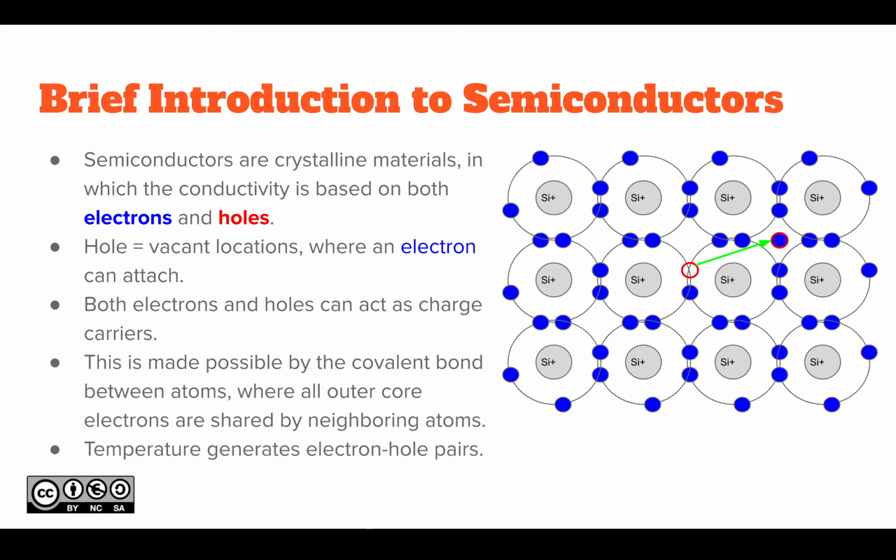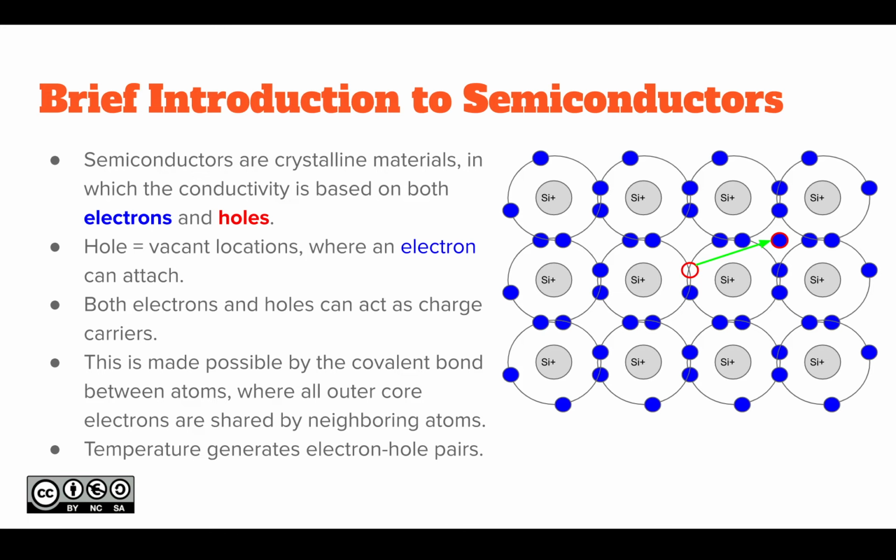A temperature or external energy takes one of those electrons from this red circle and moves it somewhere, so it's a free electron close by to this otherwise positive ion. So that's the semiconductor.